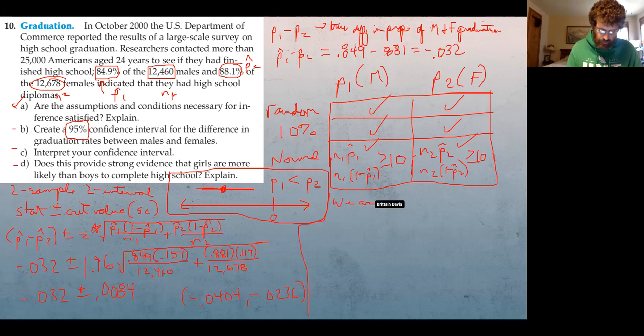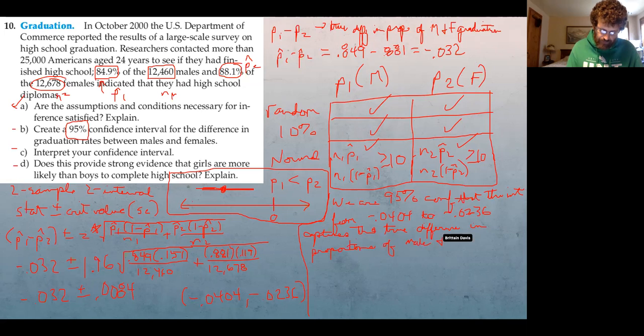We are 95% confident that the interval from negative 0.0404 to negative 0.0236 captures the true difference in proportion of male and female high school graduation.